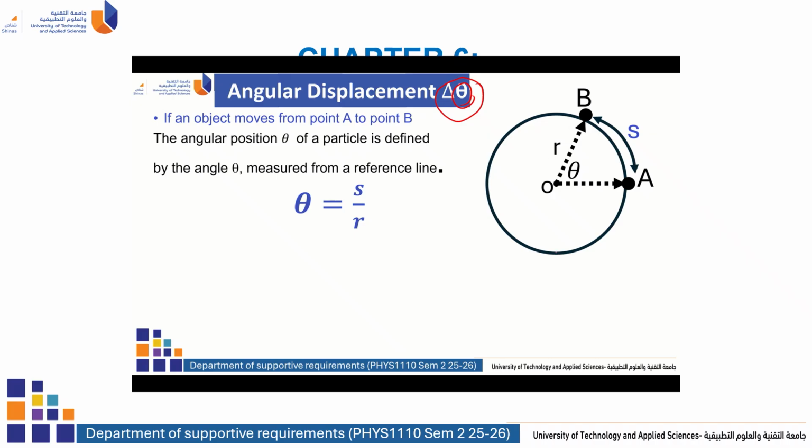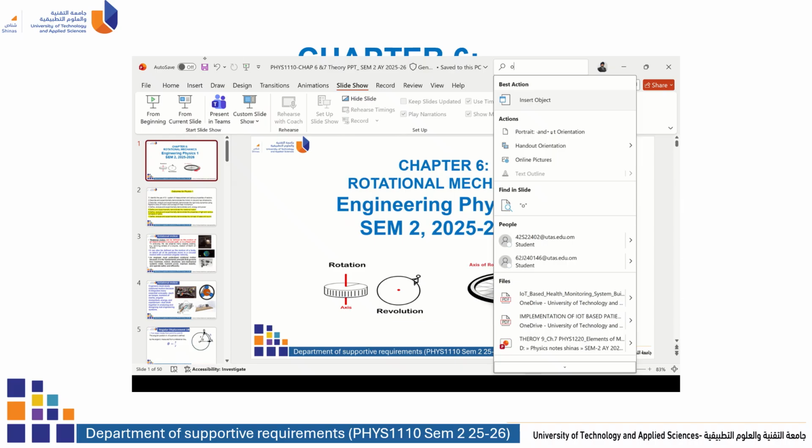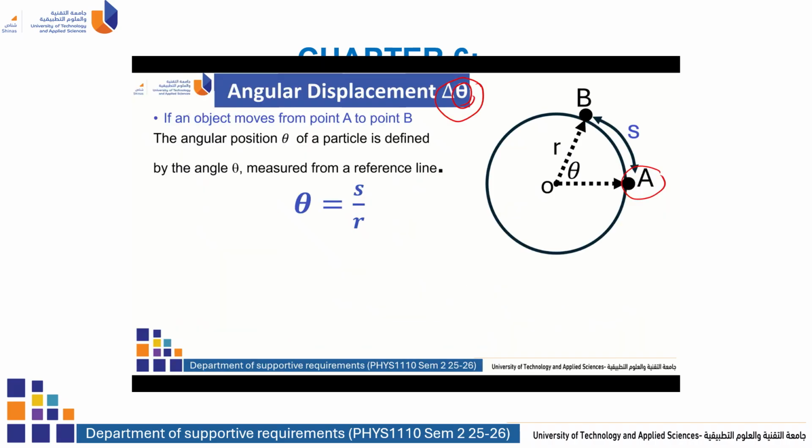In this diagram, which shows one rotational motion, A is the position of the object, and the object is going to B, and this is the radius of the circle. So the formula for the angular displacement is theta equals s over r.